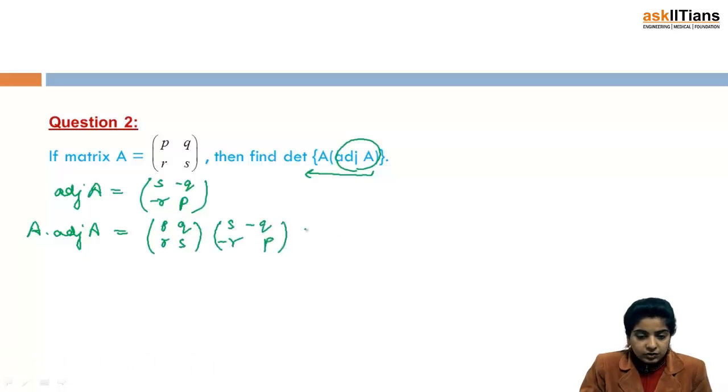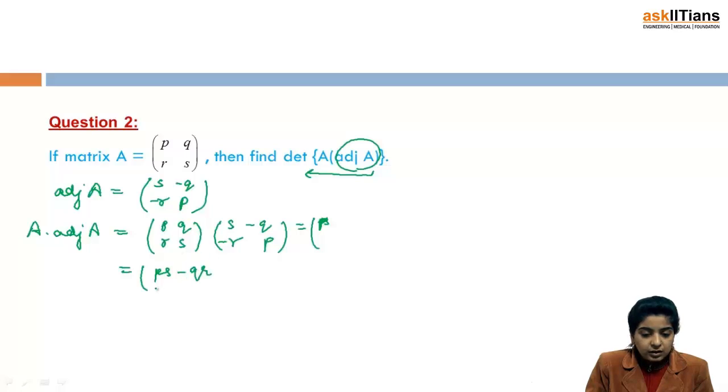Okay, so this gives me PS minus QR, SR minus SR, and again I have minus QR plus PQ, right? So I have minus PQ plus PQ, minus PQ plus PQ, that is 0.